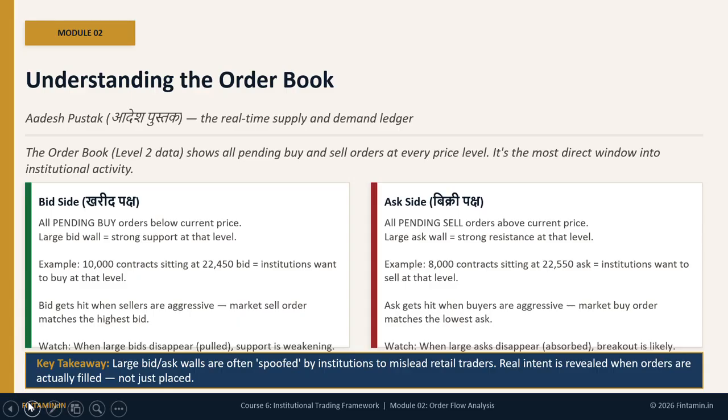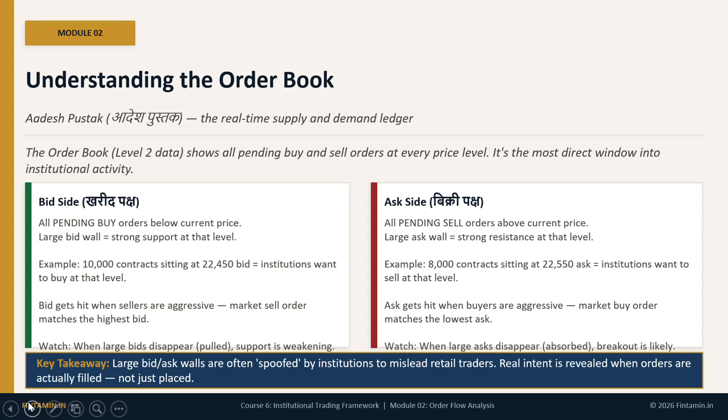A large cluster of buy orders, a bid wall, at a specific price signals strong institutional interest to buy at that level. The larger the wall, the stronger the intended support. When price approaches, these buyers absorb selling and push price back up.